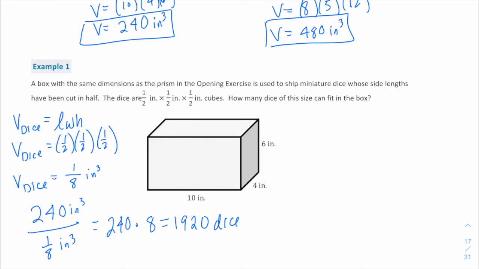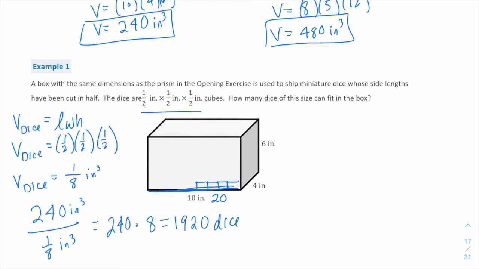Another way that we could approach this, if we look at the dimensions of the dice, 1/2 by 1/2 by 1/2, and we look at the dimensions of the original prism. So the 10 inches along the bottom here, how many dice could we line up if we tried to pack them across the bottom? Well, since they're 1/2 inch and there's 10 inches total, we could fit 20 dice across the bottom.